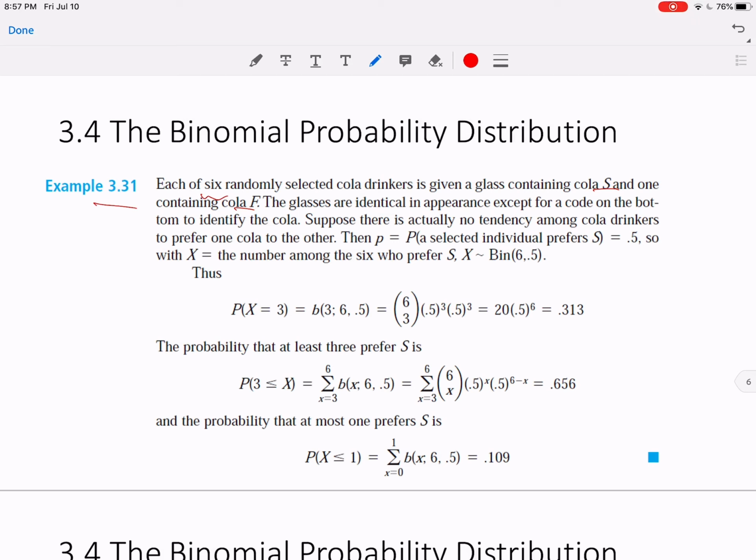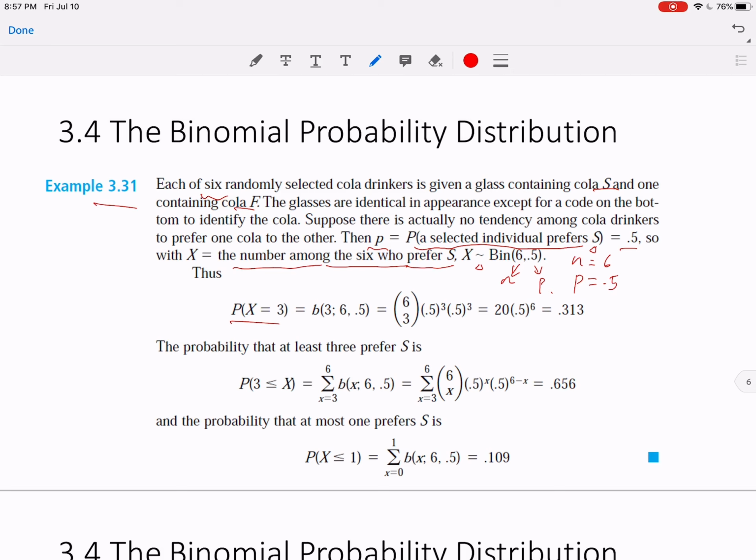Then the probability, little p, representing the probability a selected individual prefers cola S, is equal to 0.5. So with x equal to the number among the 6 who prefer S, this random variable follows a binomial distribution with the parameters n equal to 6 and p equal to 0.5. So this is the n, this is the p, right? And then we want to find the probability x is equal to 3.